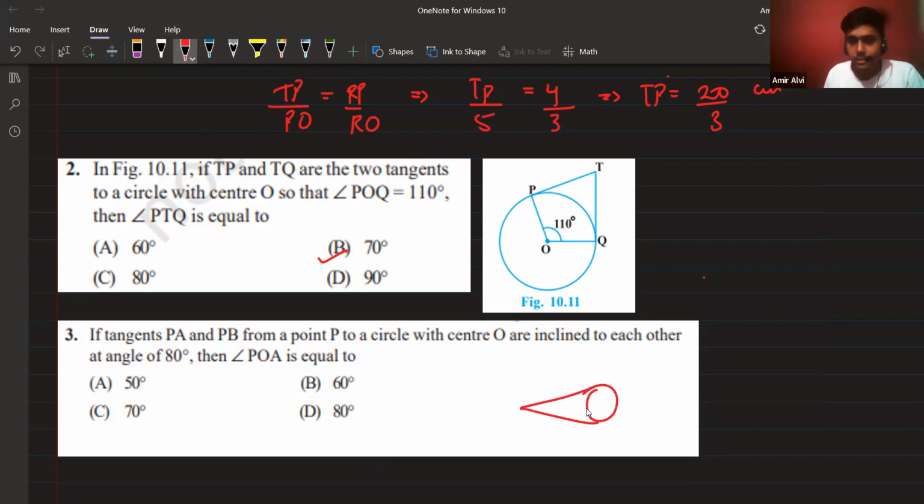It's like this. So this is angle 80, and this whole angle at O will be 100.